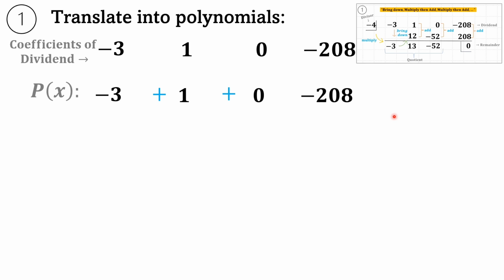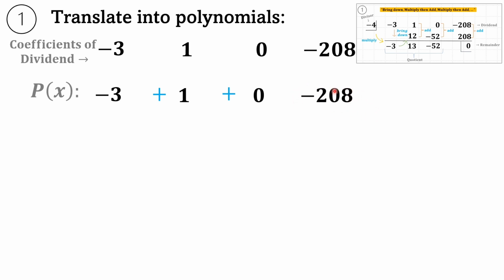So how do we determine the degree of the polynomial? Start with the coefficient from the outermost right, and then count from 0. So that will be the exponent of the literal coefficient of negative 208.